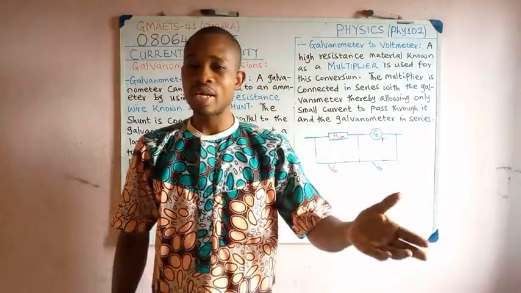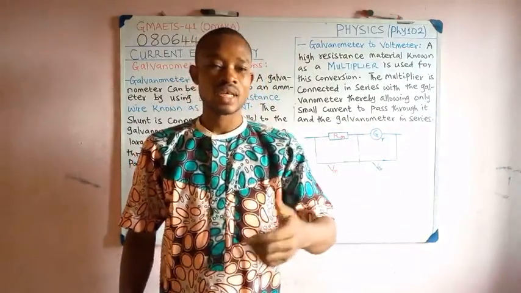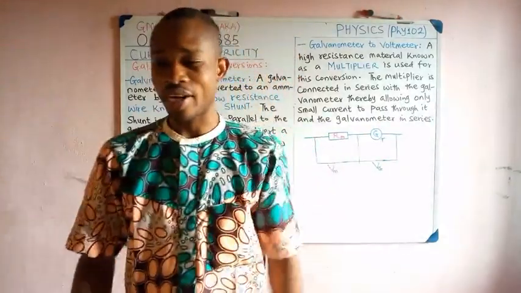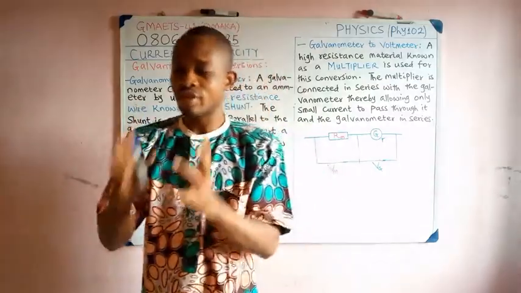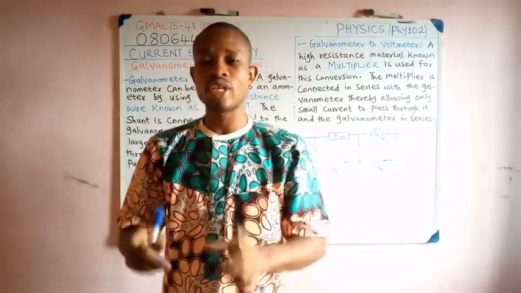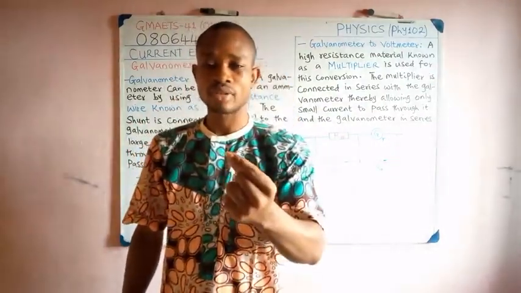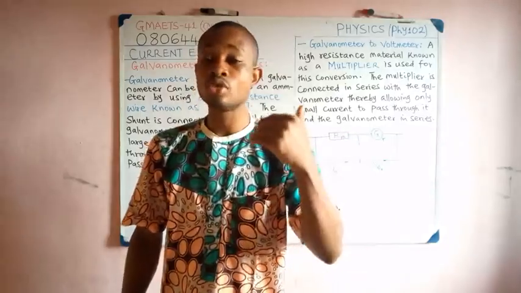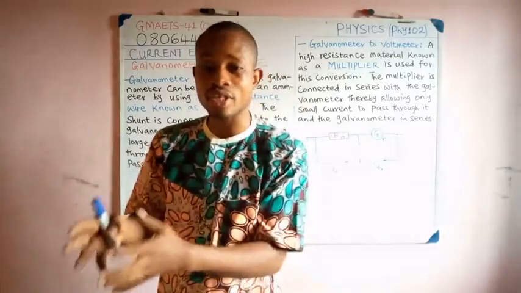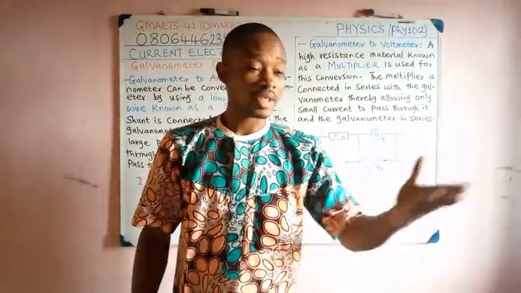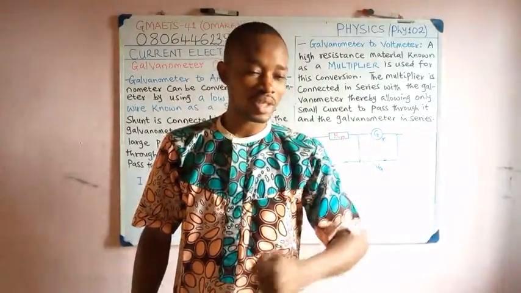Of course, you know an ammeter is used to measure current and a voltmeter is used to measure what? Voltage, correct. So if you have a galvanometer, which in its design is used to detect just a small amount of current, and you choose to convert it to an ammeter to measure current for you, or a voltmeter to measure voltage, what do you need to do?